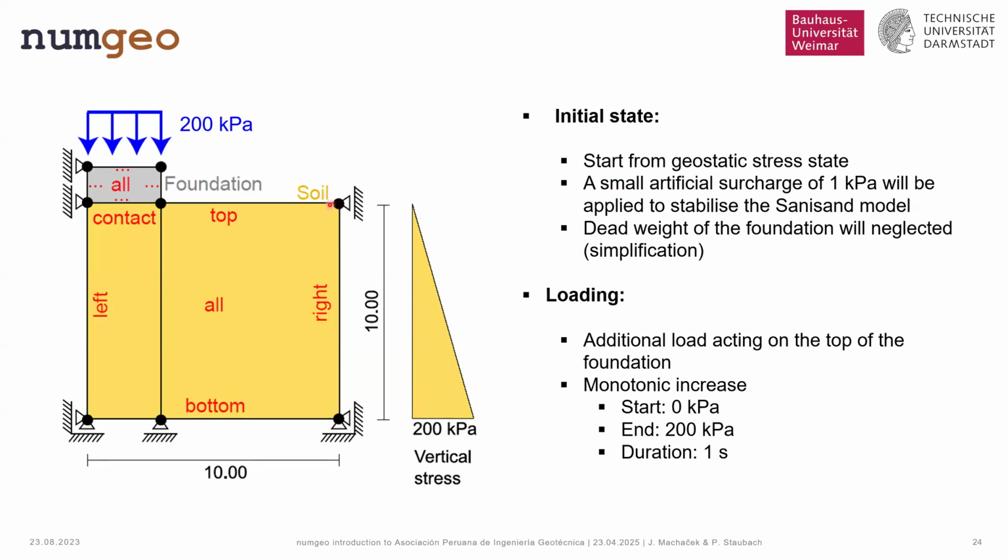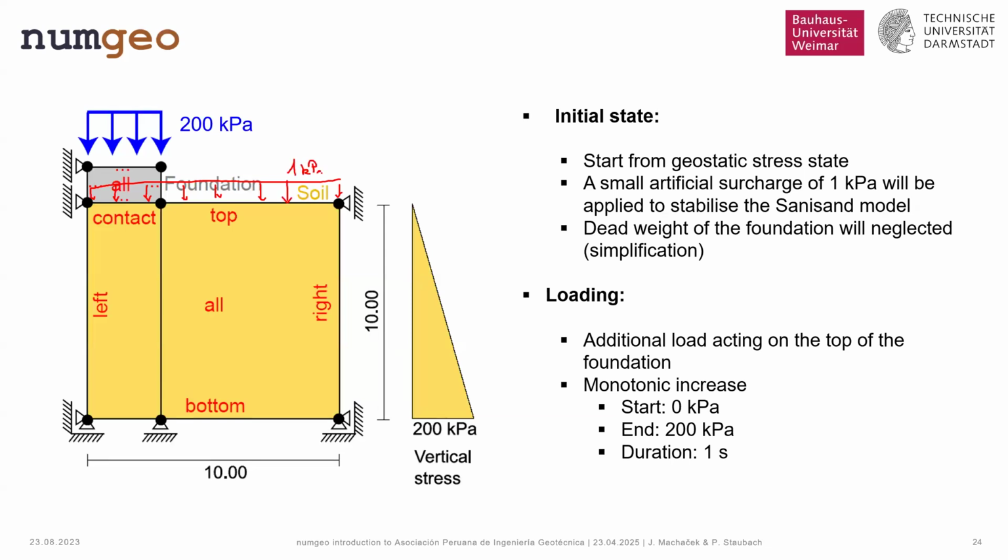Now, what we will add is a small artificial surcharge of 1 kilopascal. So we will add a small additional load on top of our soil of 1 kilopascal. And we use that 1 kilopascal load only to stabilize the SANISAND model a bit.